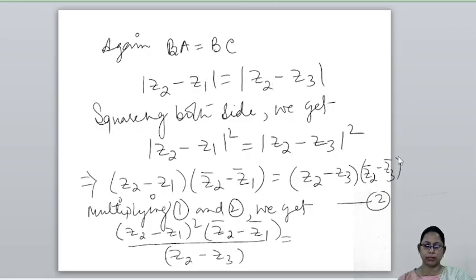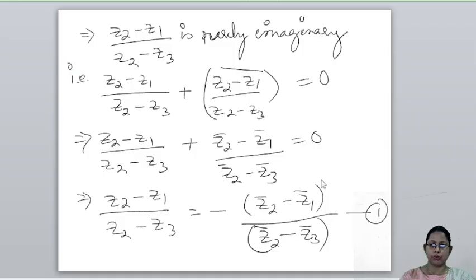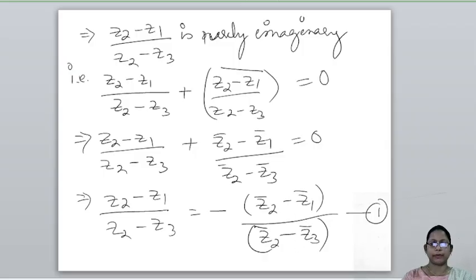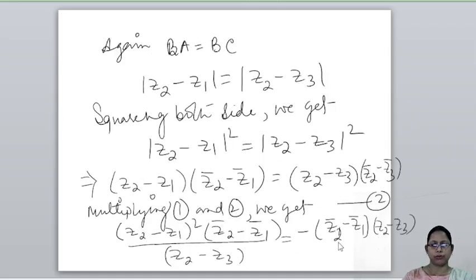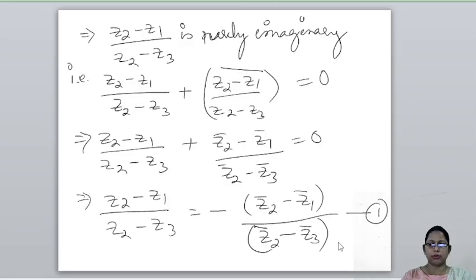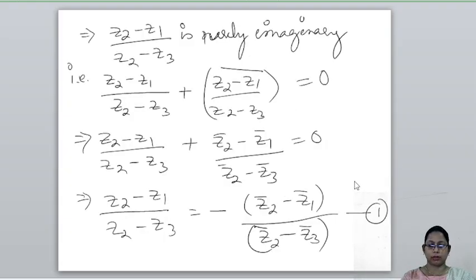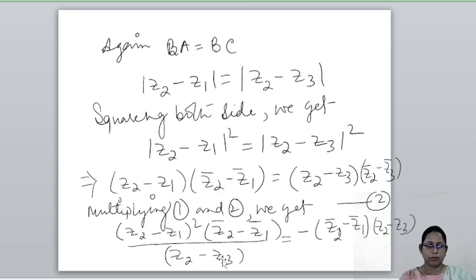The conjugate of Z2 minus Z3 cancels with the denominator, and we are left with Z2 minus Z3.